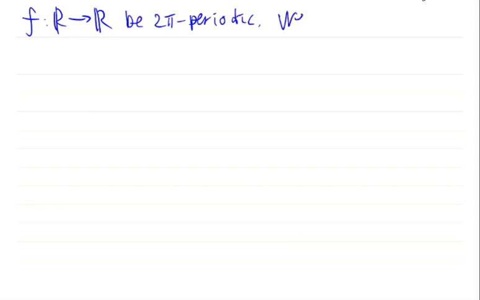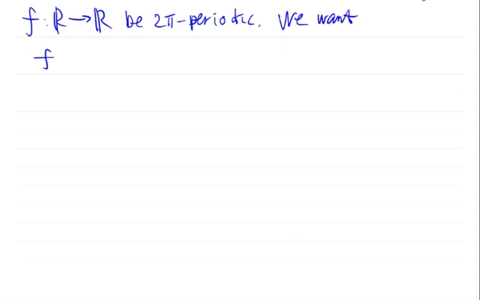So, in other words, suppose f is a periodic function. Suppose it's 2 pi periodic. We want to express this f as the sum of sine and cosine.